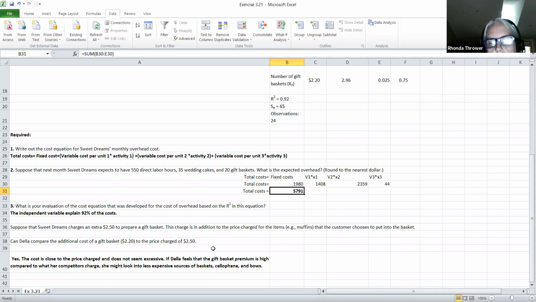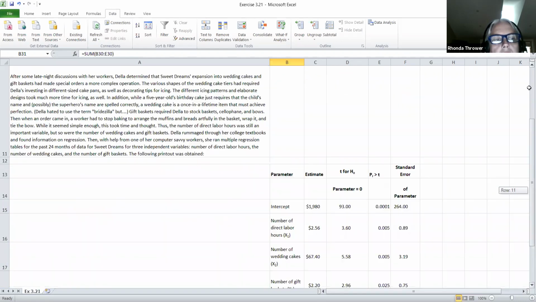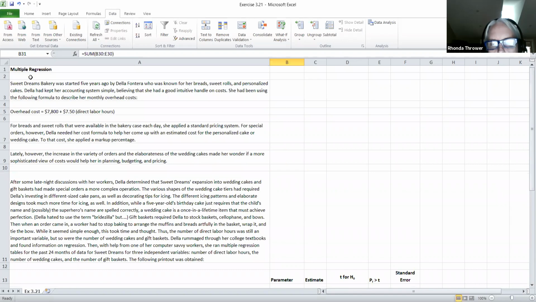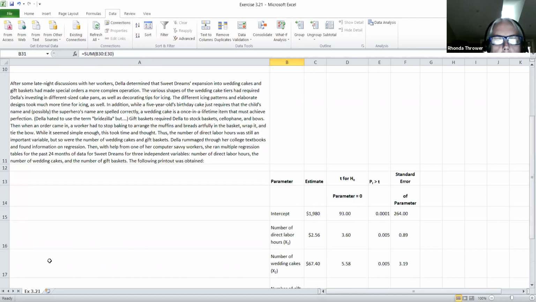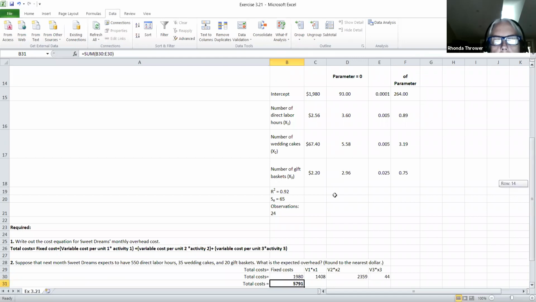And so that's what we do with these costs. We're analyzing the cost. But the main thing I want you to get out of this particular problem is that there is multiple regression. And you can do this on your computer, because if you had to calculate all this out, it would be cumbersome. So you can use Excel to do this, and I would suggest that you use Excel.